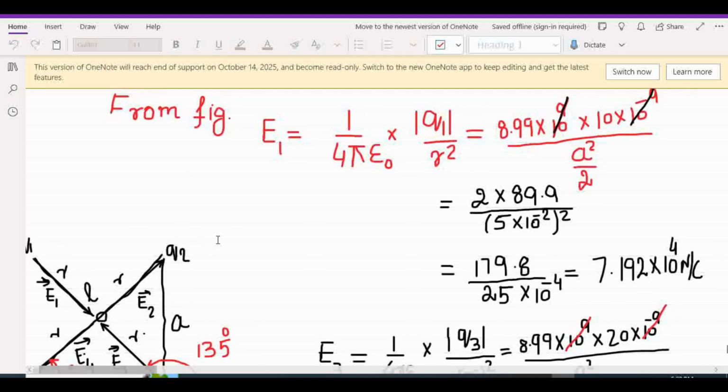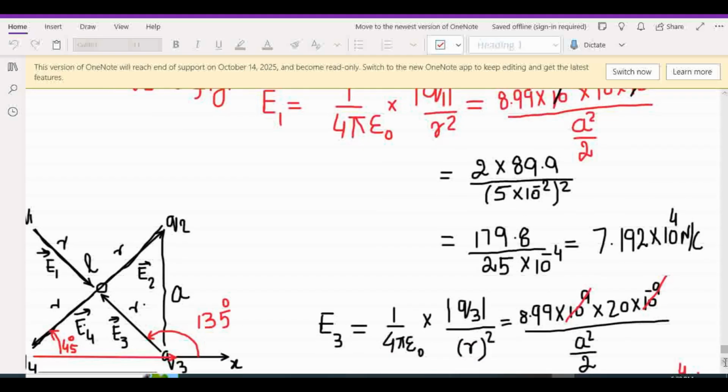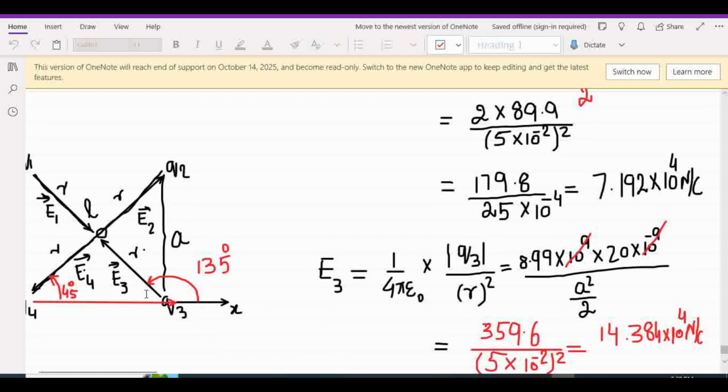So E1's magnitude, the field due to Q1 at the center of the square, will be equal to 7.192 into 10 to the power 4 Newton per Coulomb. Now similarly, look here, the field due to Q3 is E3, and this will be equal to 1 over 4 pi epsilon naught Q3 magnitude over r square. R is given as a over 2 under root.